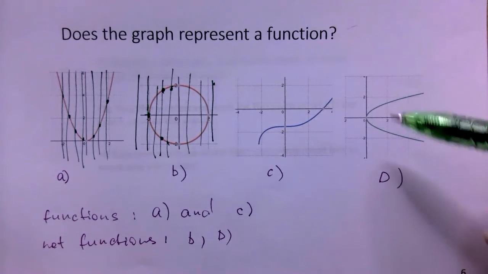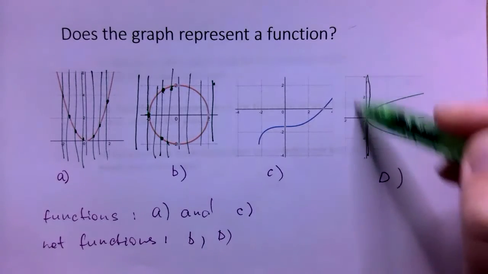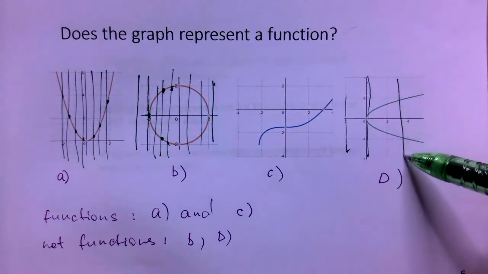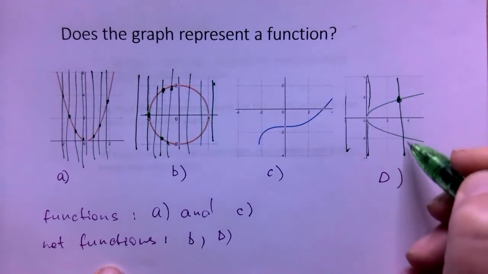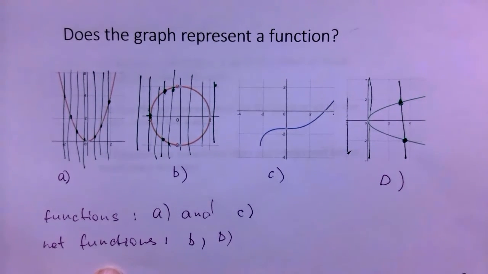Okay, same deal for this graph. Here it will hit it once, there it will not hit it at all, but there a vertical line exists that will pass through this graph twice. And if such a line exists, then it's not a function.